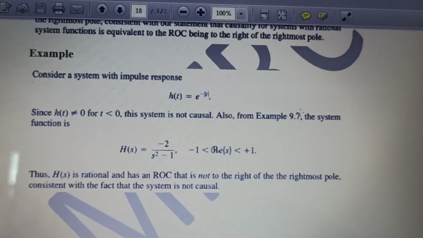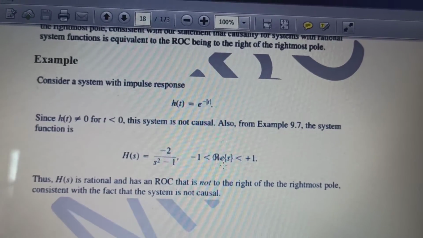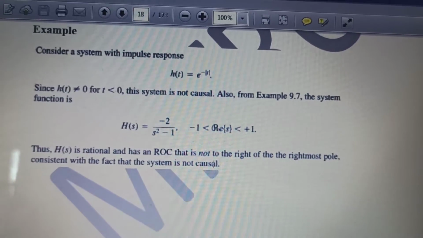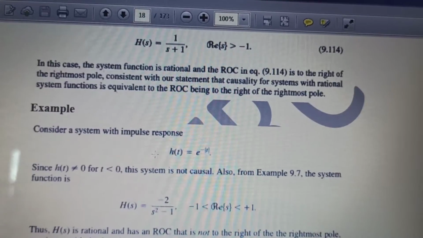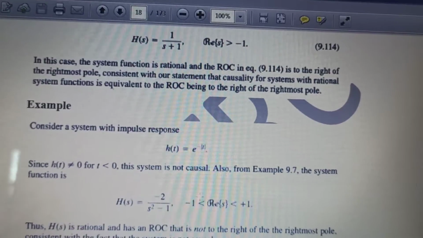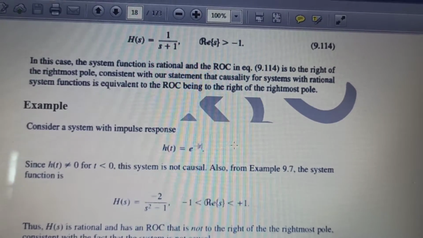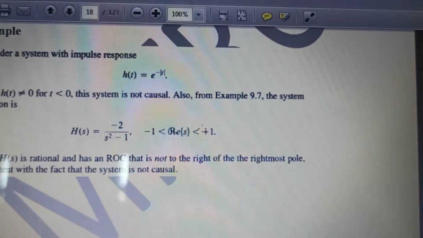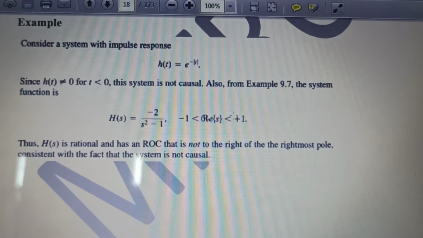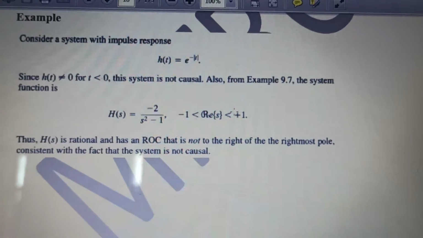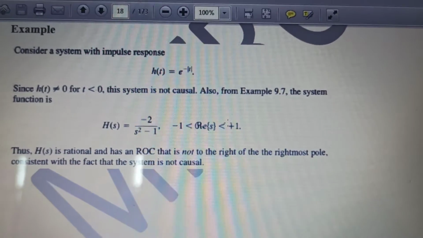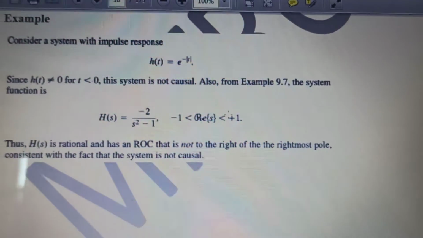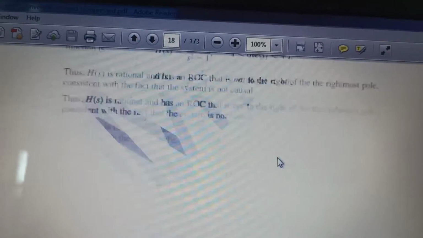For example, this is the transfer function. H(s) is rational, but the ROC is lying between minus 1 and 1, for minus 2 upon s minus 1. Its ROC is between minus 1 and 1, but the rightmost pole is plus 1. As the ROC is not on the right side of 1, this system is termed as non-causal.